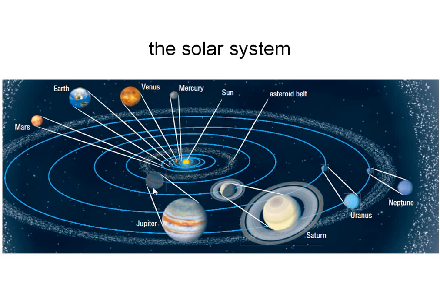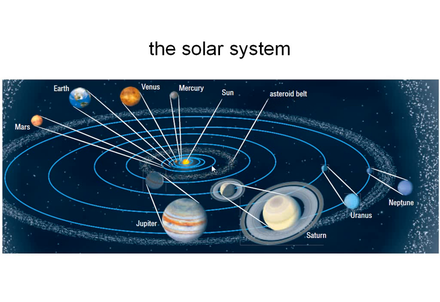Between Jupiter and Mars, there is a ring. This ring consists of millions of rocks, and each rock is called an asteroid. So this ring is called the asteroid belt. The asteroid belt consists of millions of rocks, and these rocks are called asteroids.